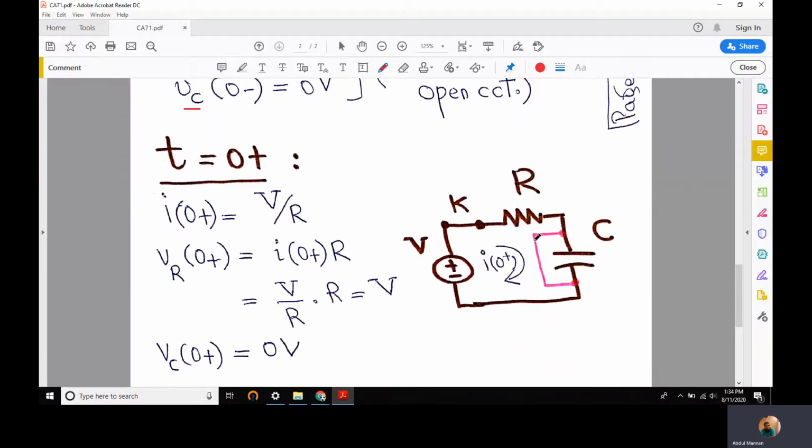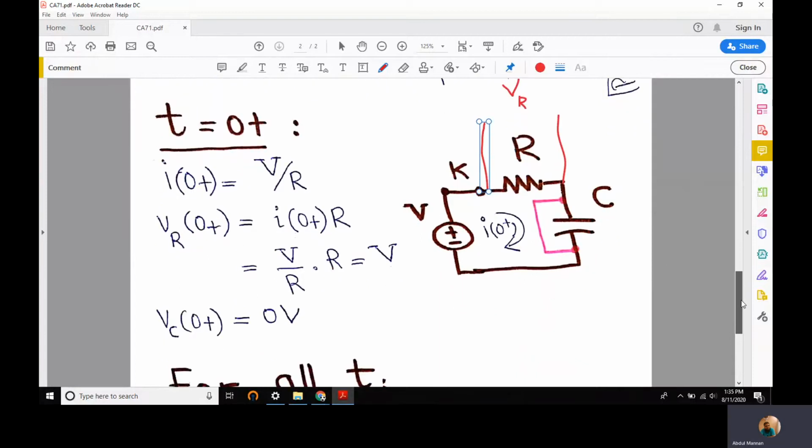If the capacitor is replaced with a short circuit, we have only V and R in the circuit, and according to Ohm's law, the current would be V divided by R. So the voltage drop across resistor, V_R, is the current I(0+) times R, so the whole voltage appears across this R. Why? Because the capacitor acts as a short circuit just after closing the switch, but it is not always. So v_C(0+) is 0.